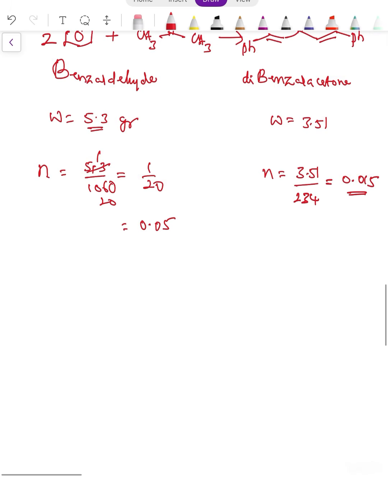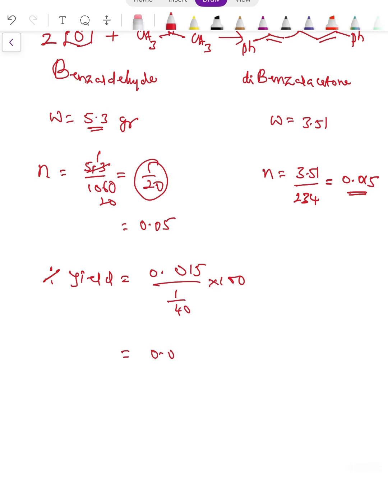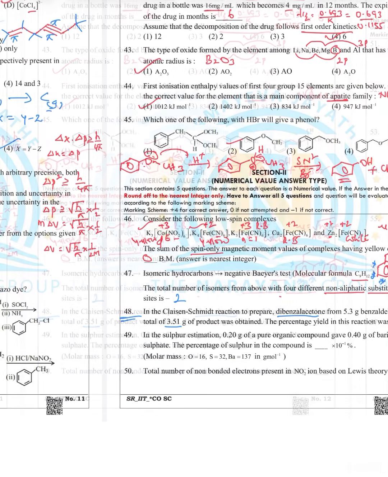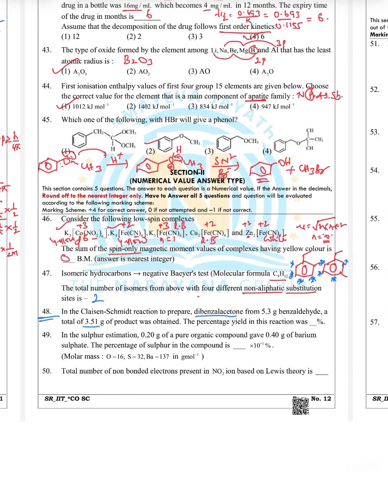So the percentage yield equals 0.015 by, this is for 1 mole, so for 2 moles we take 1 by 2 into 40, into 100, which equals 0.015 into 40 into 100, that is equal to 60. So 60 is the answer, 60%. Next.